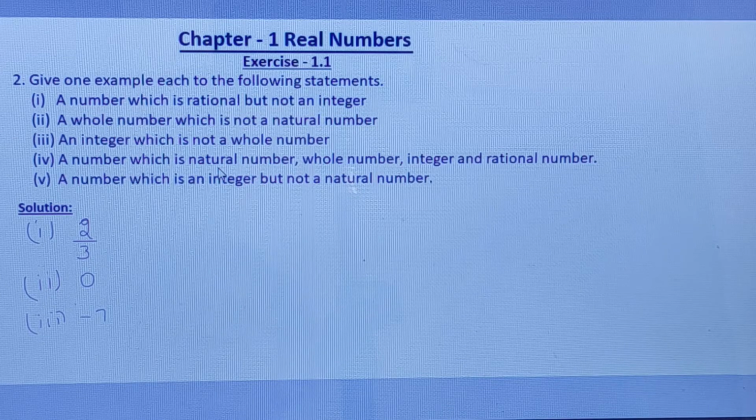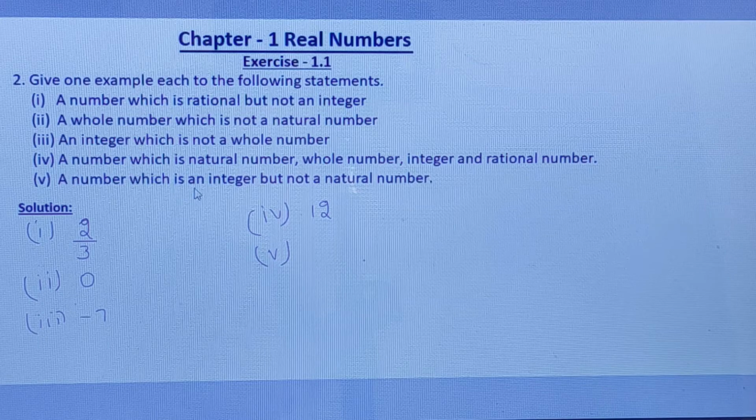So any positive integer if you take, it will satisfy all these conditions. For example, if I take 12, it is a positive integer. So it is an integer, it is a whole number, it is a natural number, as well as a rational number, because 12 can be written as 12 by 1. So it is also a rational number.